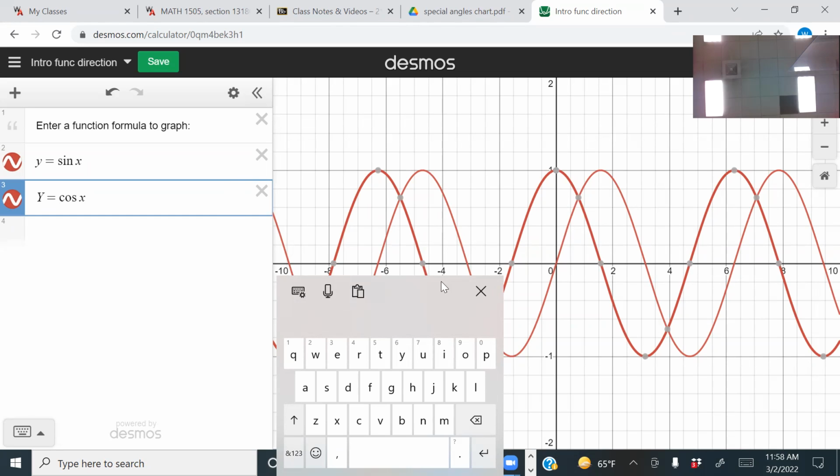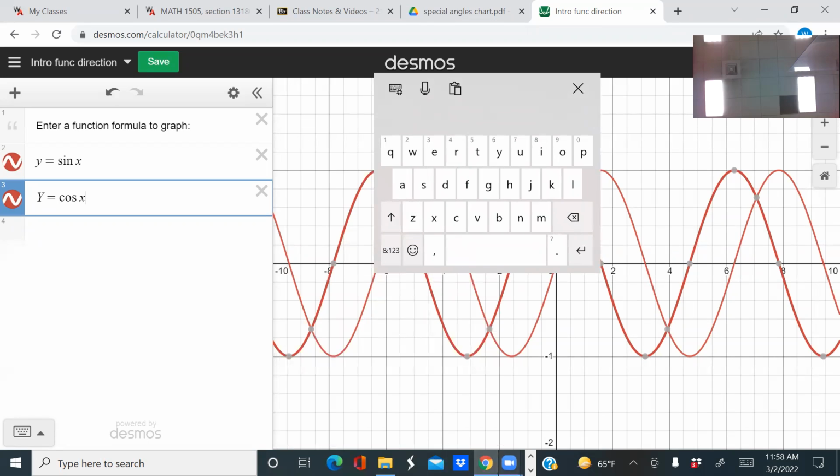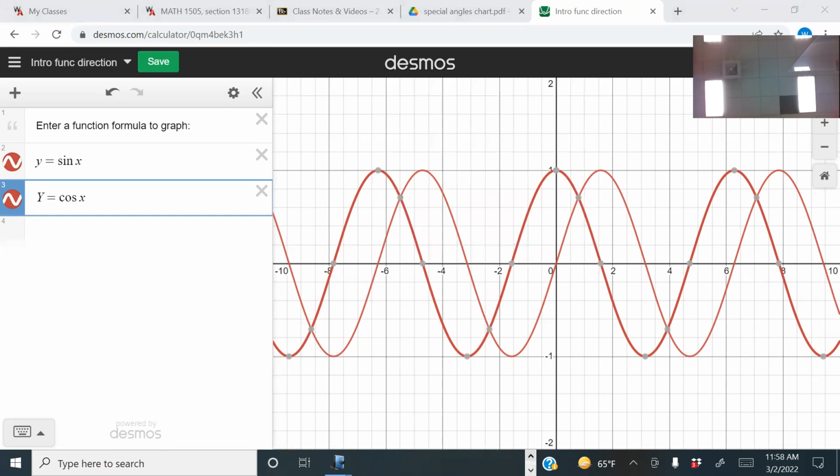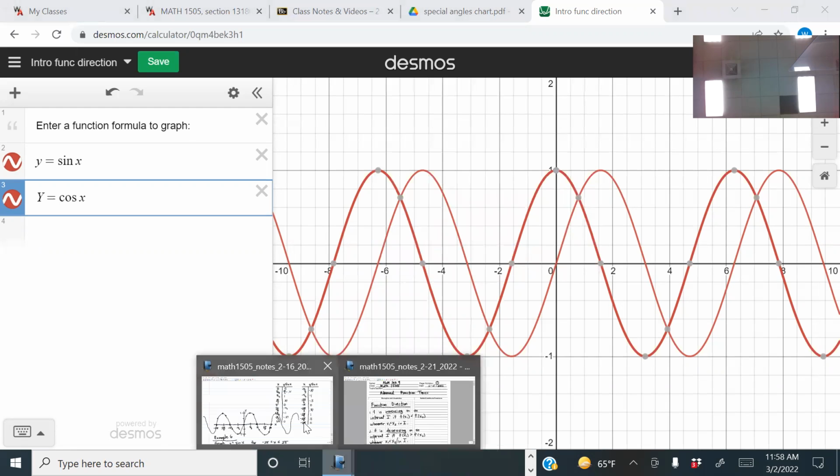Okay, so we do want to learn a lot about these functions. Before we do that, though, we need to spend a little bit of time introducing some more terminology related to functions, because these functions, again, are a little bit more complicated than just straight lines, right?